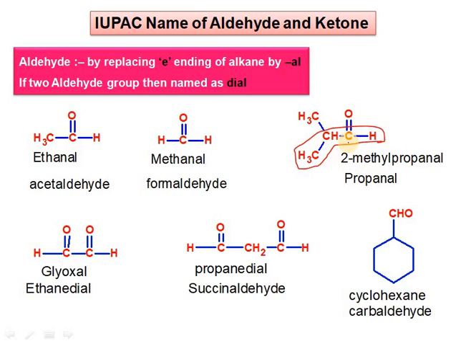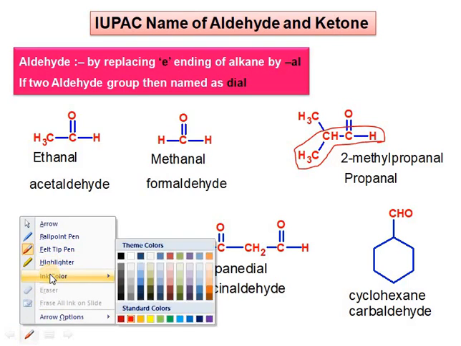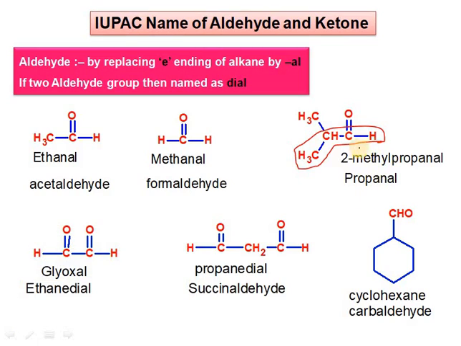The numbering is done like this: this is one, this is second, and this is third. So 1, 2, and 3.